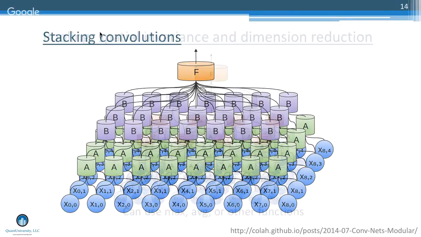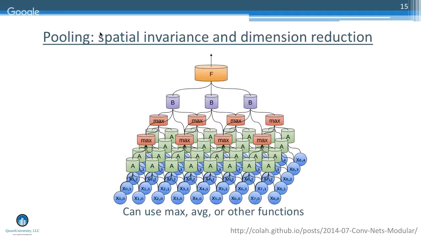Other things people do is this trick called pooling, which does two things. It reduces the dimensionality, so it just makes less computation. And it also gives you a bit of spatial invariance.